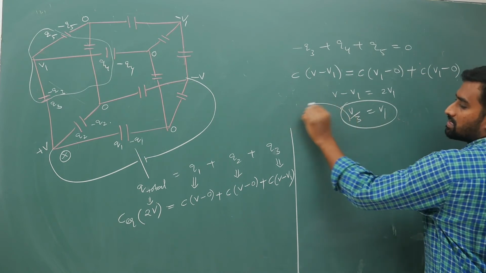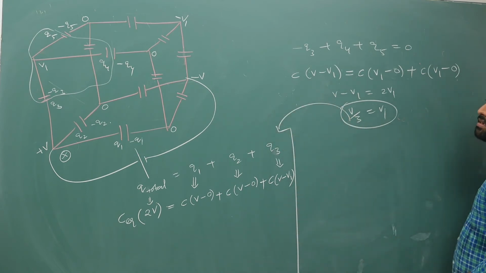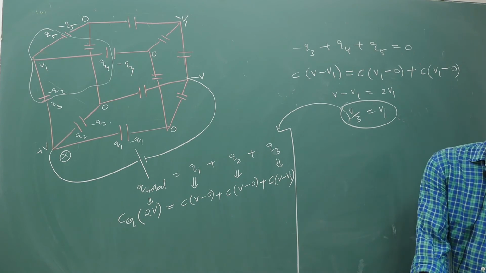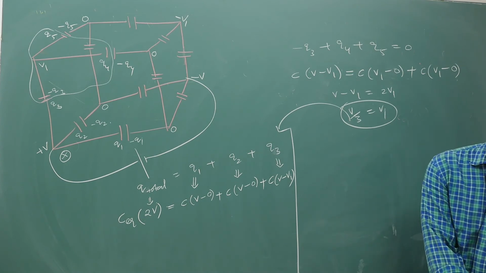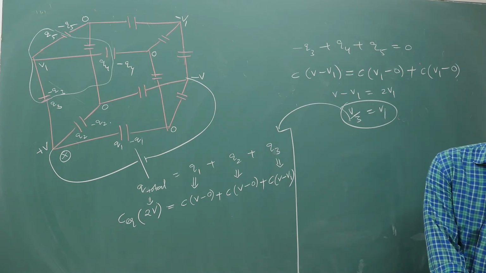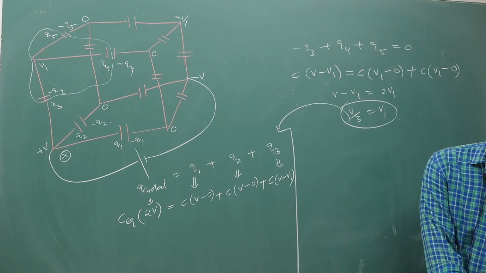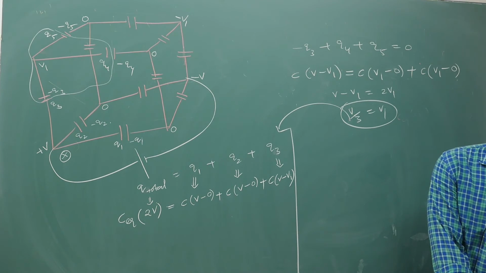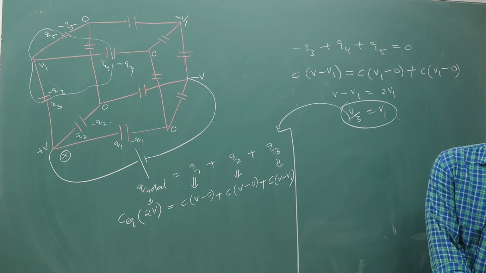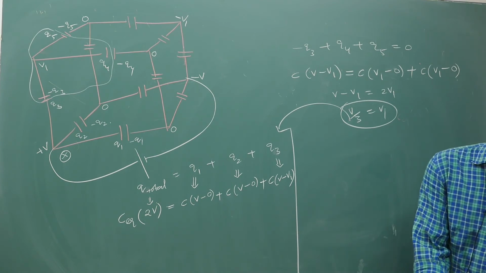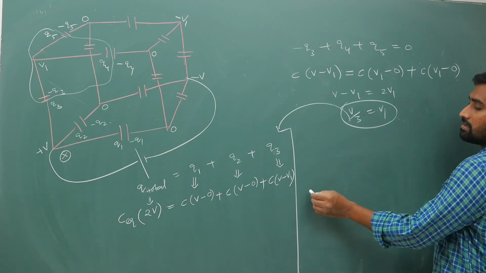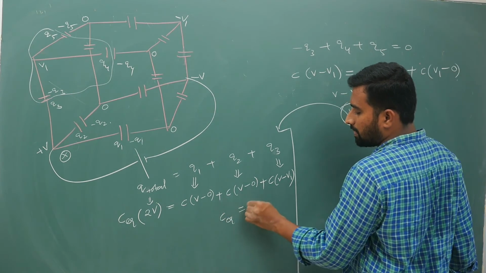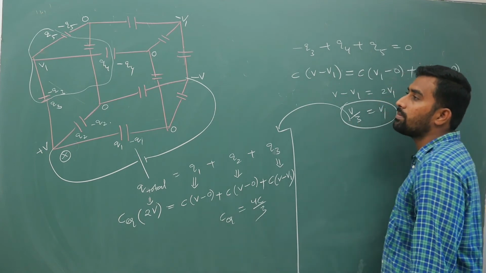Now express this back into this and simplify. You have to get your answer as between A and C. It is 4C by 3. If you simplify everything properly, you should get 4C by 3.